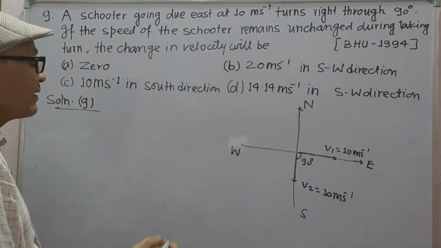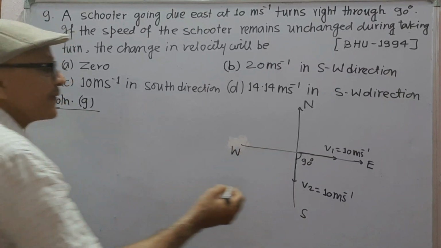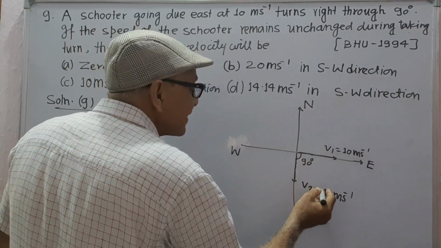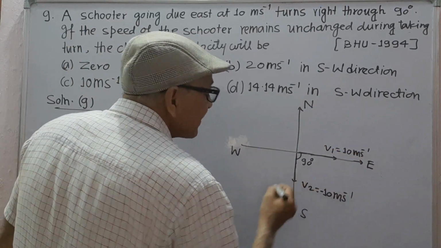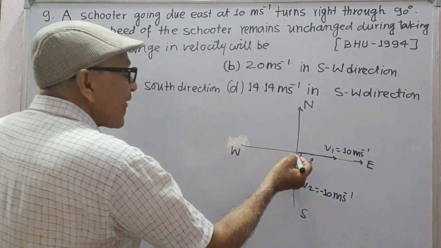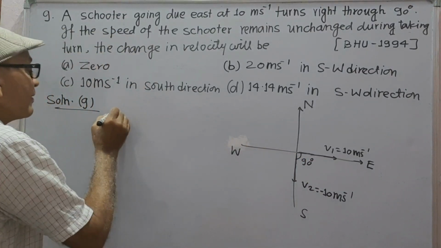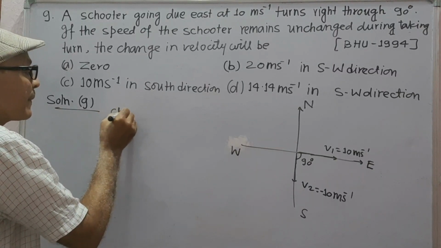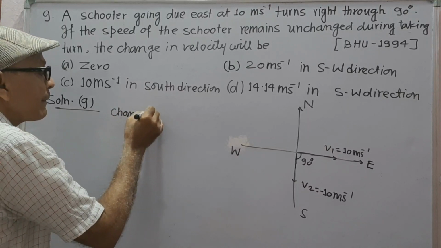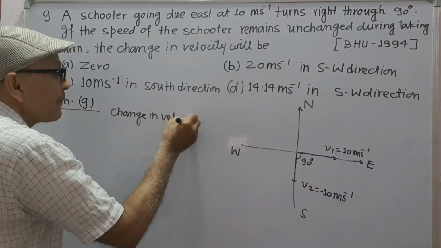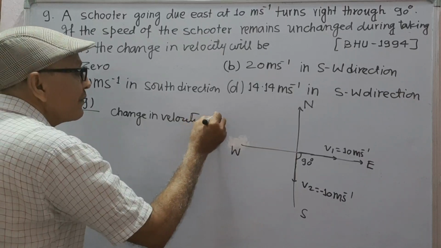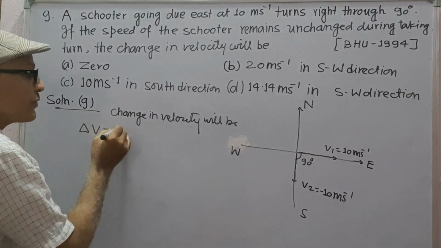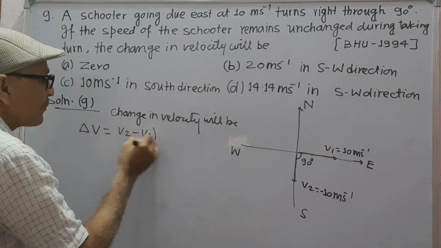Then the change in velocity will be, this is plus 10 meter per second, this is negative axis minus 10 meter per second. Change in velocity will be delta V is equal to V2 minus V1.